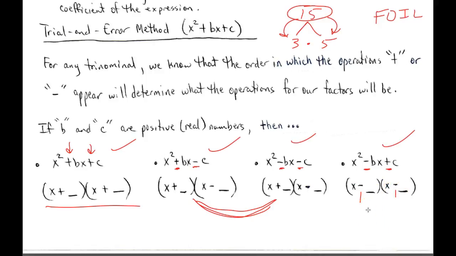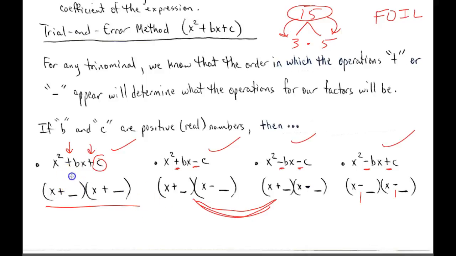When we do the trial and error method, we start off by noting that, and then from there, we do the best that we can to take what c is, whatever number that is, and ask what times what is equal to c.